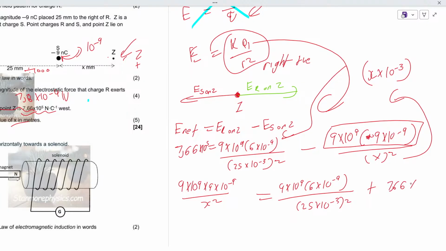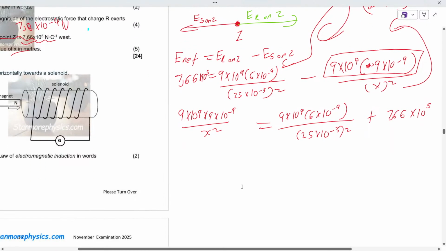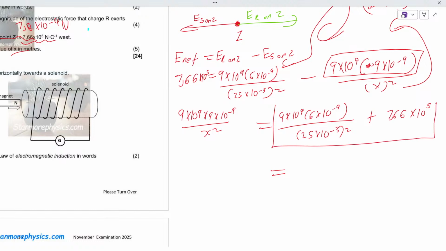Now I have to press everything here and try to find a fraction, give me the answer in fraction form.